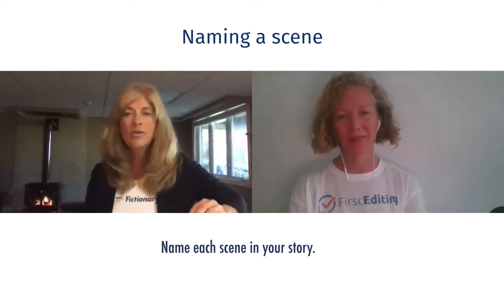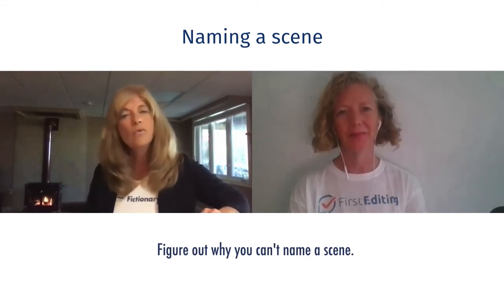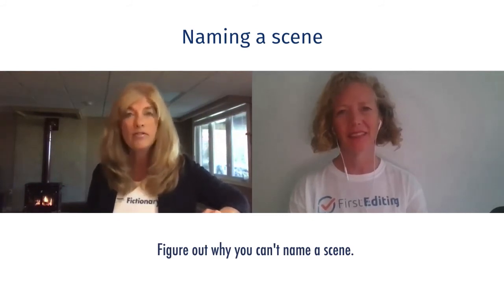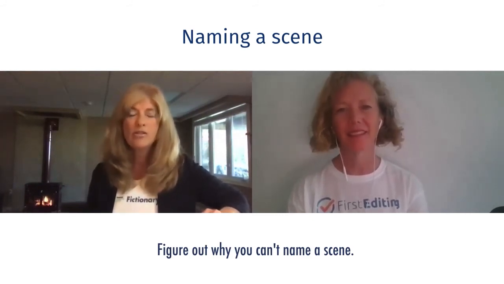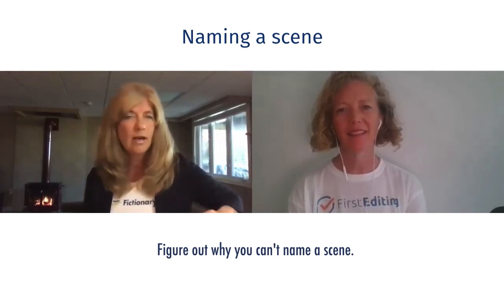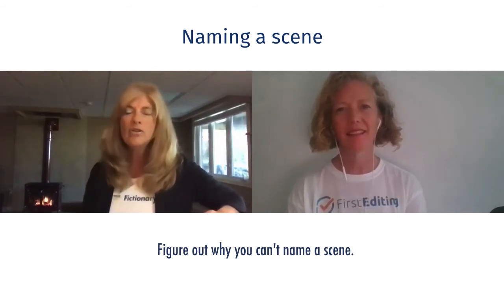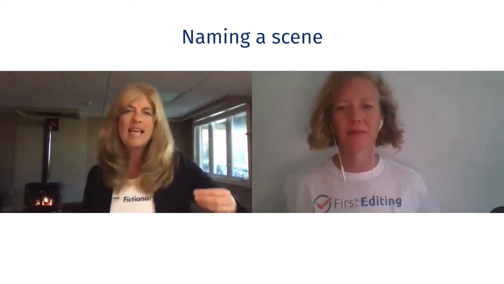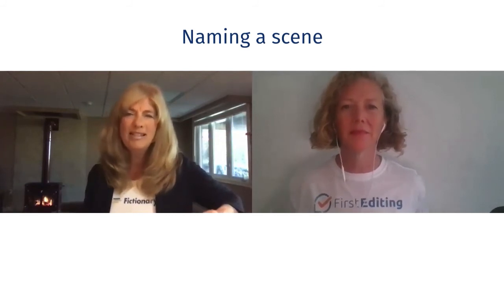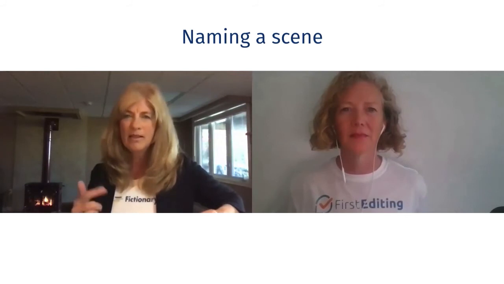And then if you can't, keep track of the ones that you cannot name and figure out why. Is it because there's too much going on? Is it because there's nothing going on? You need to evaluate the scene and try and think like an editor, not a writer. So if somebody else was looking at this, what would they think is the problem? And one of the big tips I always give is if anyone's skimming, then you know there's a problem, that the writing is dull and you need to pick it up there. And that's a good one to rewrite.